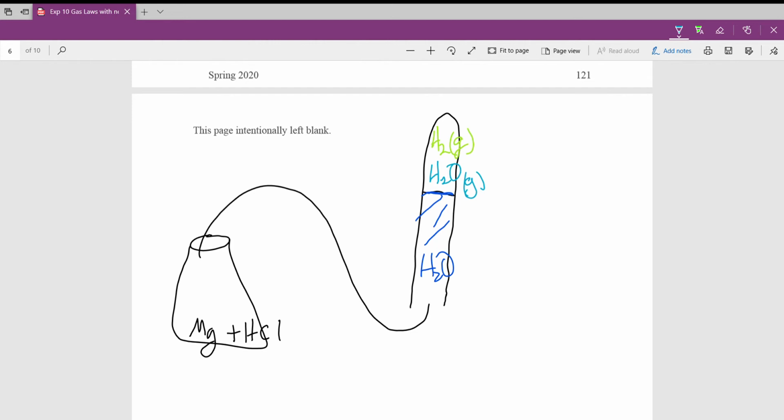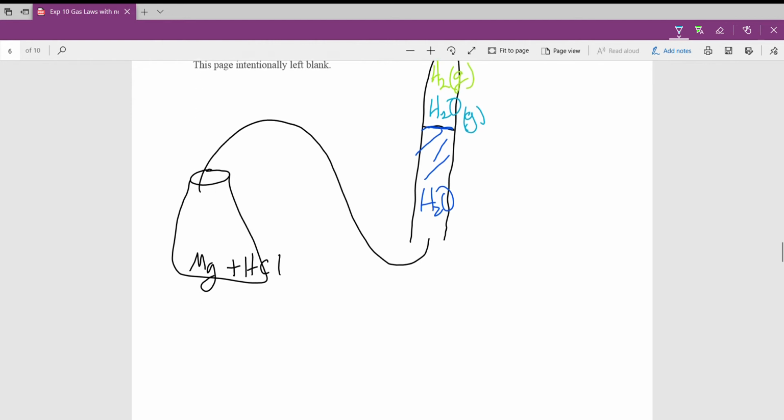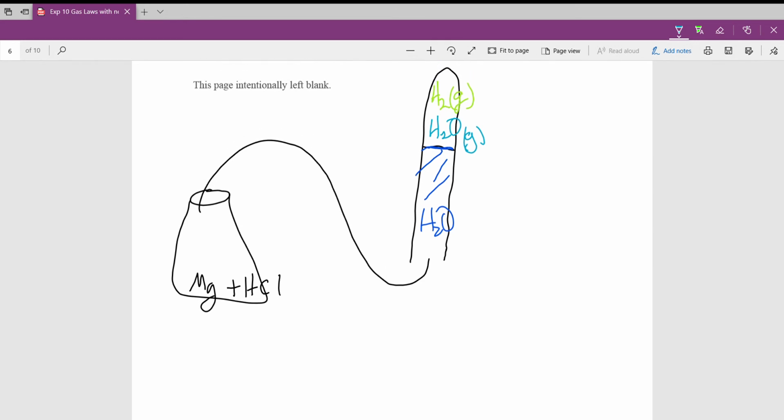Because of Dalton's law of partial pressures, we know we can add the pressures of various gases. So we know that the total pressure inside that eudiometer, I'm going to come down here, is P total, equal to the sum of the partial pressures.